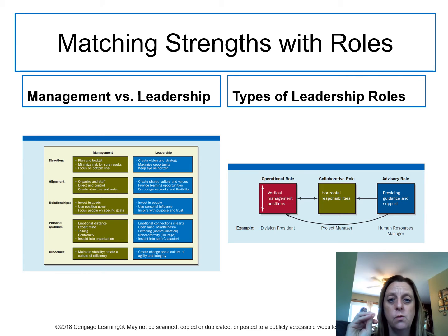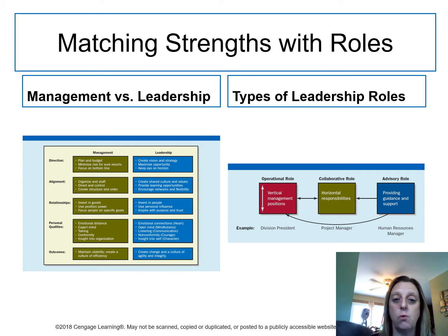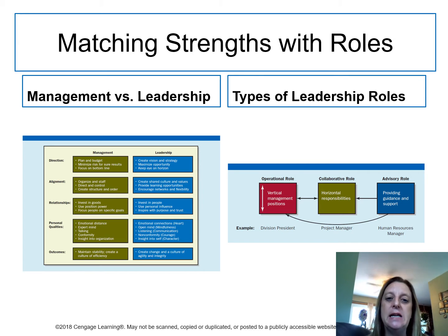So when you look at the information under leadership on the left-hand side of the slide, you're going to be able to see that direction, alignment, and relationships really connect with this collaborative role, in that leaders, including project managers, matrix managers, team leaders, division heads, have people skills that are used for networking and building relationships and tend to be very proactive and flexible.